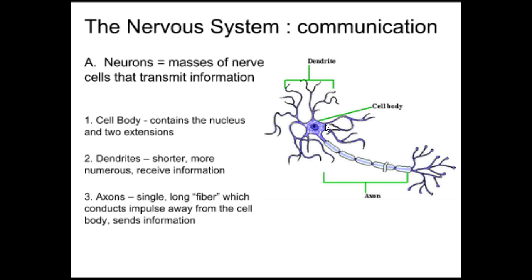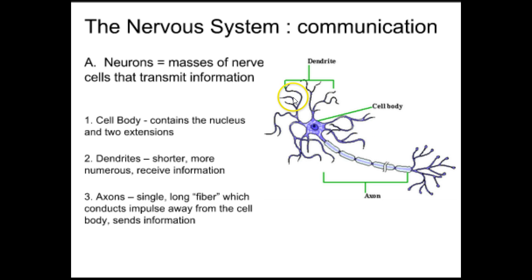It contains a nucleus and two extensions. You'll have dendrites, which are extending off the cell body, and then you'll have an axon. And this axon is a single long fiber which conducts impulses away from the cell's body and sends information.